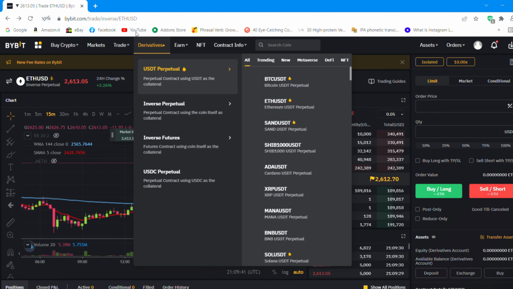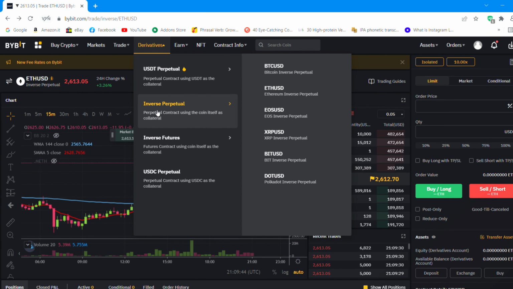I don't do futures. I do inverse perpetual, where I'm using coin to buy dollars, and in that trade I make more coin. So for USDT and USDC, when you use them to buy coin, you will be making more USDT, which is a stable coin, and more USDC.